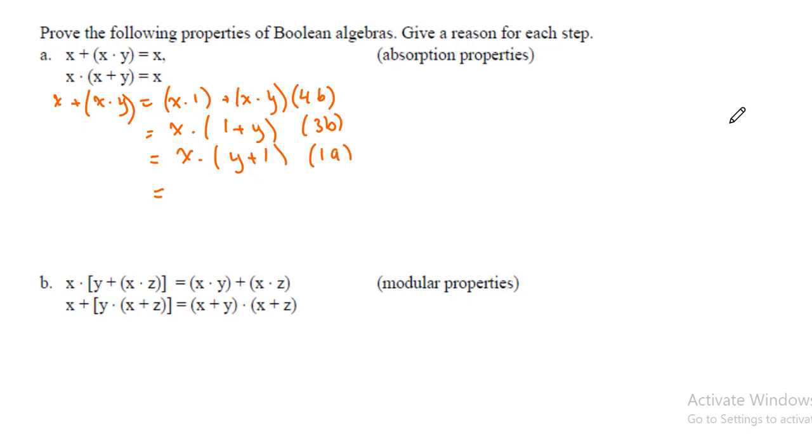And now this is basically just 1, so I end up with x dot 1, and because of universal bound, and we know that x and 1 is just x, again the identity property. And we are done. So we went from one side to the other.